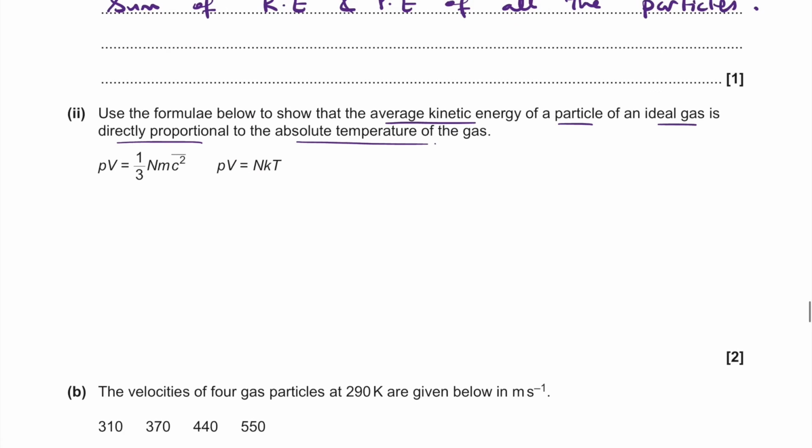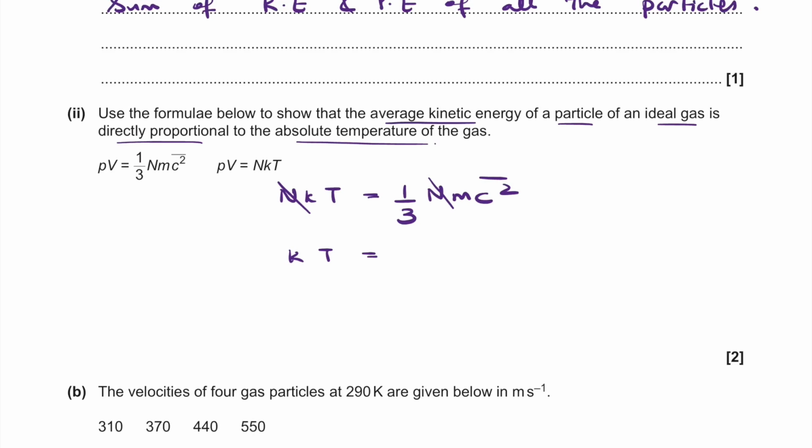We know PV equals nkT, and PV is also equal to 1/3 nm c squared, where c is the root mean square speed. So we can equate them to one another, and we would notice n cancels out. So kT is equal to 1/3 of m c squared.